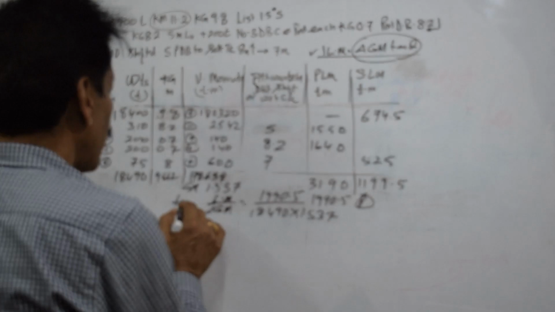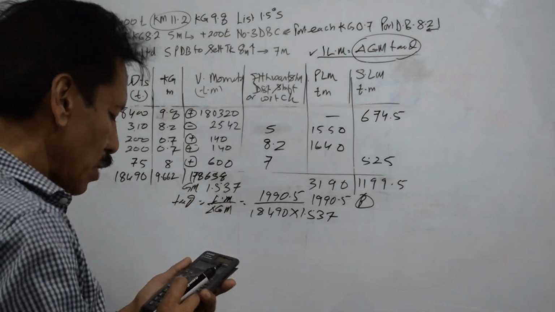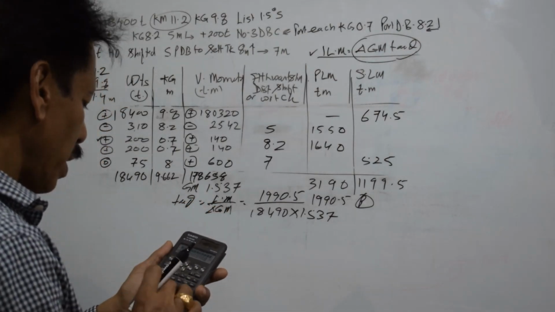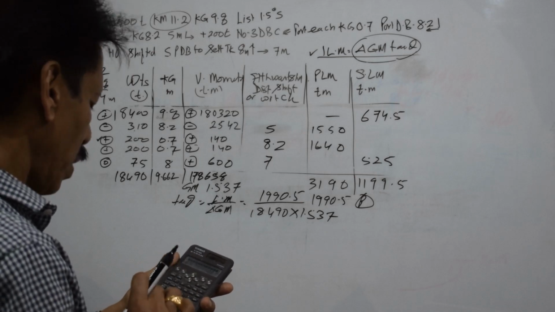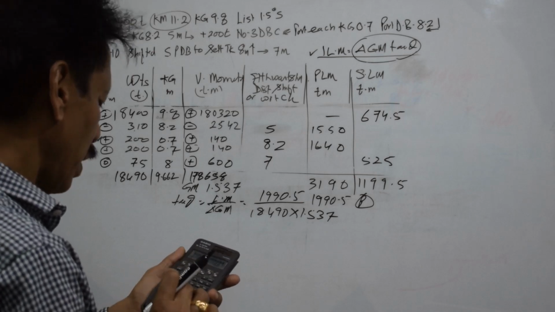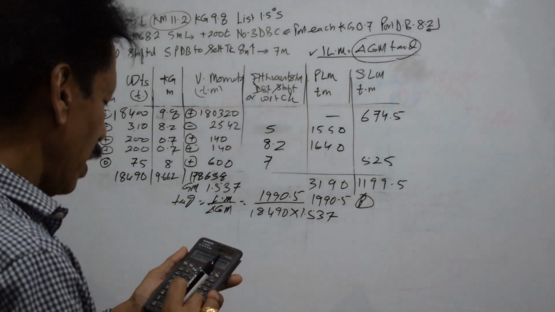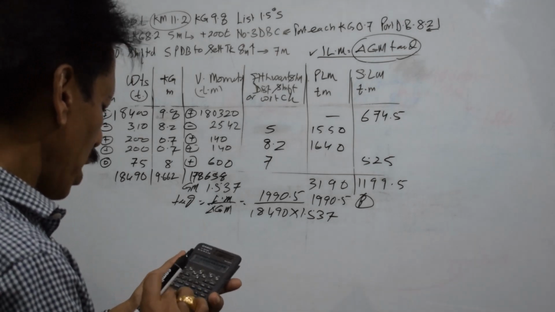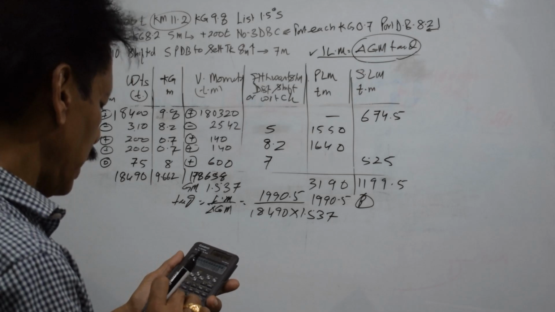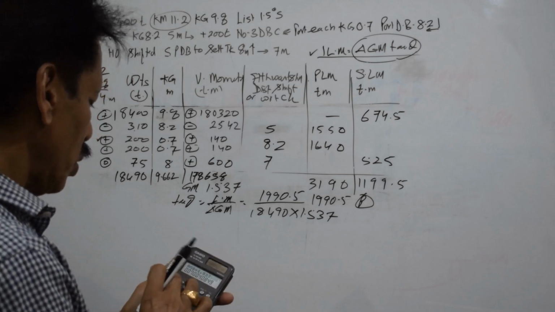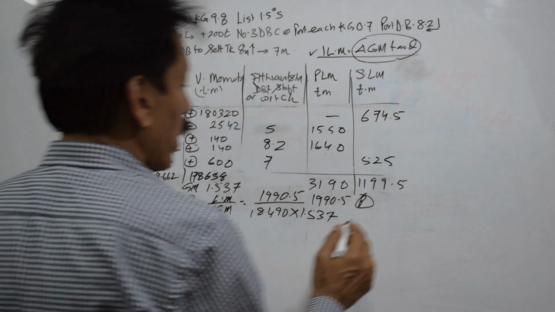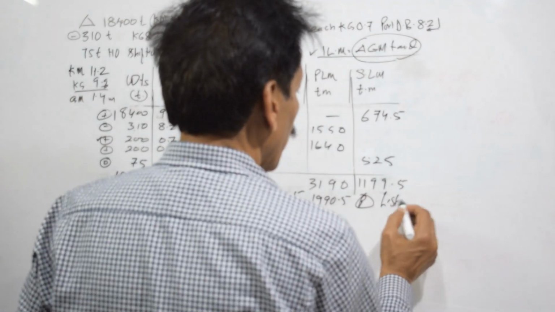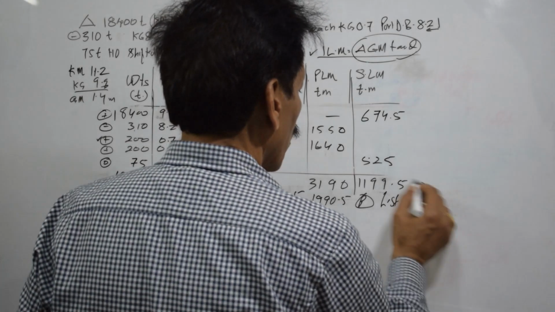So this is tan theta. So let's look at 1990.5 divided by 18,490 divided by 1.537. Shift tan gives me list equal to 4 degrees. So list is going to be 4 degrees to port.